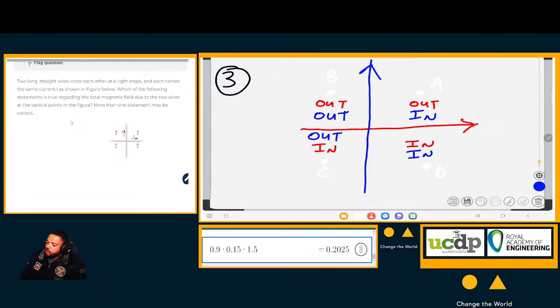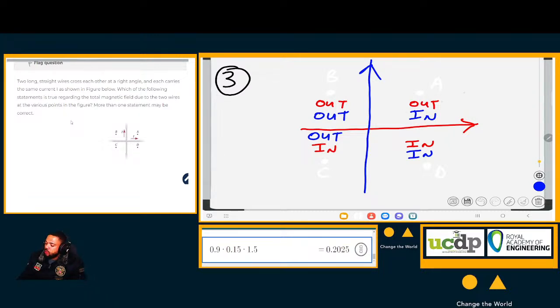Now, since these current carrying conductors conduct the exact same current of I, and these points are the exact same distance from both of these conductors, the magnetic fields at point A, where one comes out and one goes in, cancel out, because magnetic field is a vector, and if we add these vectors together, out and in will cancel each other out.